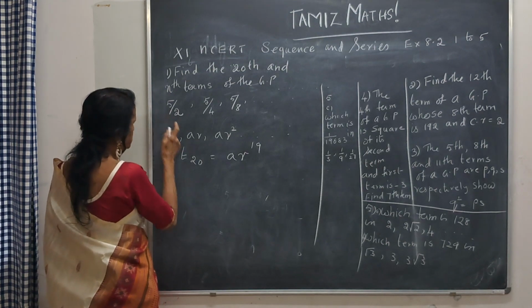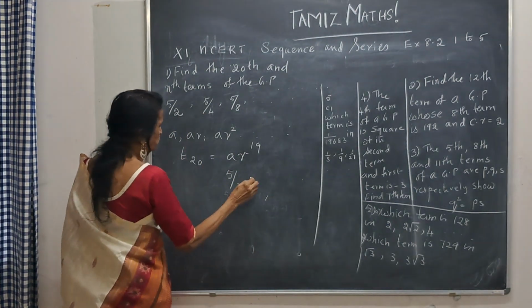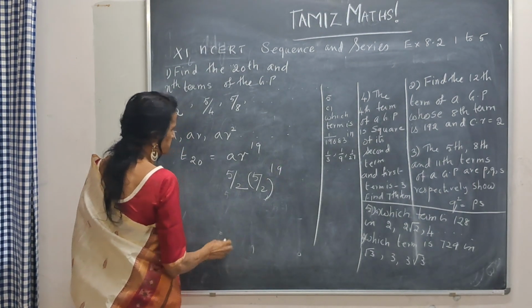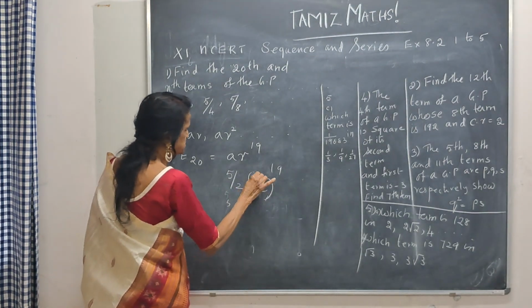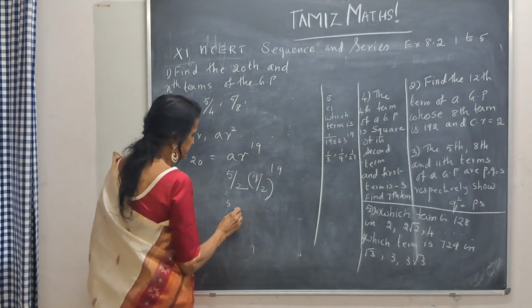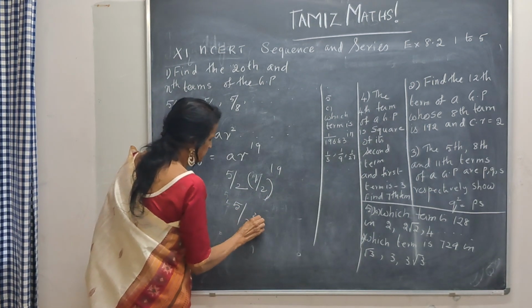Here a is 5 by 2 and r is half. So 5 by 2 into half power 19, that is 5 by 2 power 20.